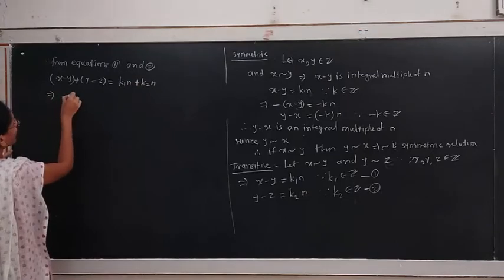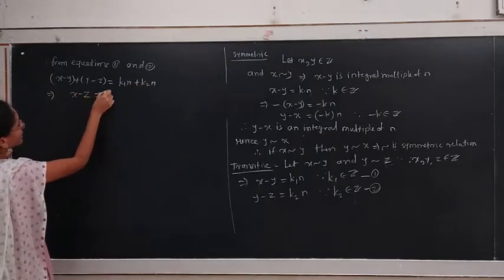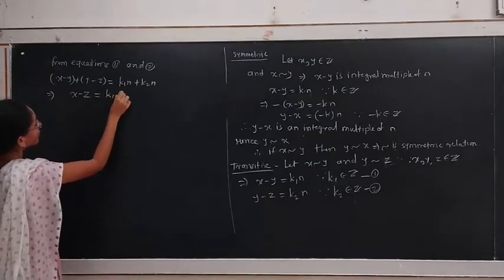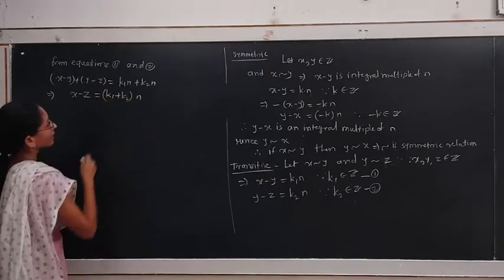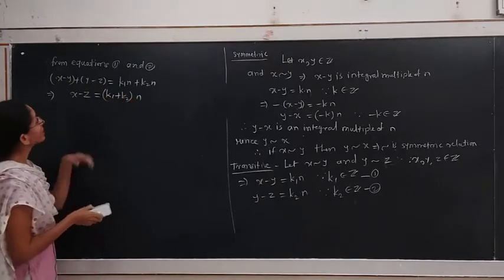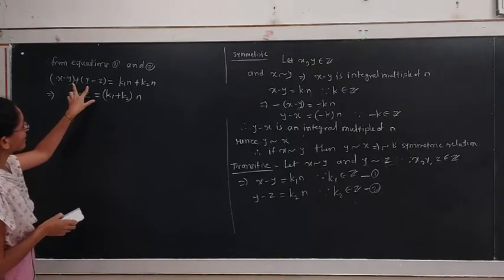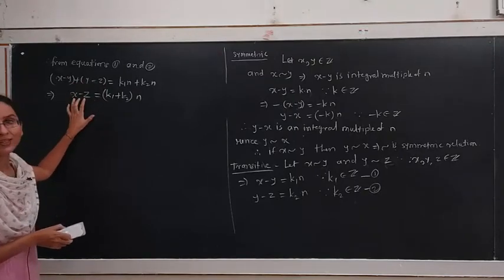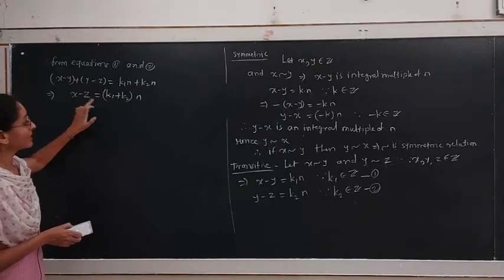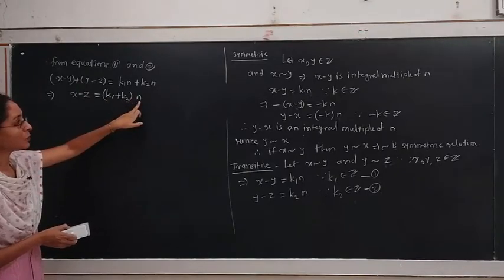This means what? x minus z is equal to (k1 plus k2) into n. Here minus y and plus y are cancelled, hence we have only x minus z. The difference of x and z is equal to (k1 plus k2) into n.